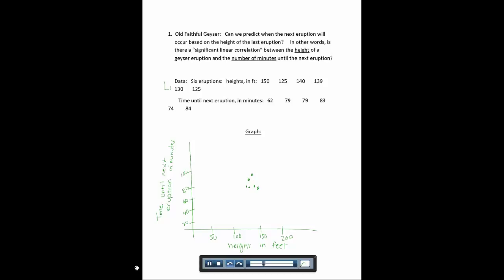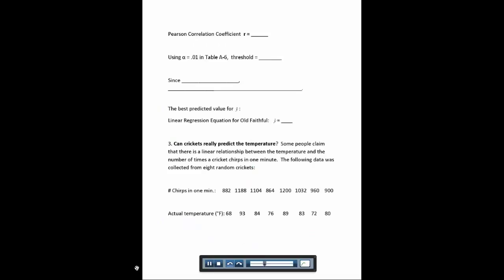Now remember, put the eruption heights in L1 and the time until the next eruption into L2. And then you'll do the stat over to calc and linear regression. We get our R value is negative 0.665. Now, just like we did in 10.2, we're going to use the table A6.